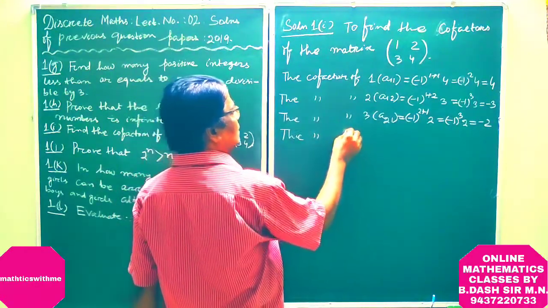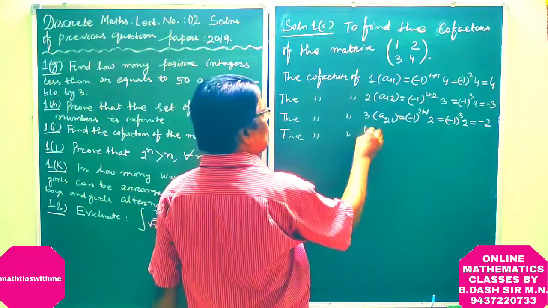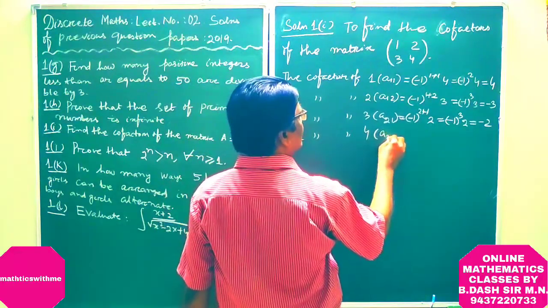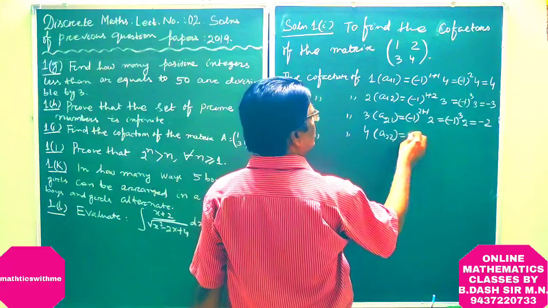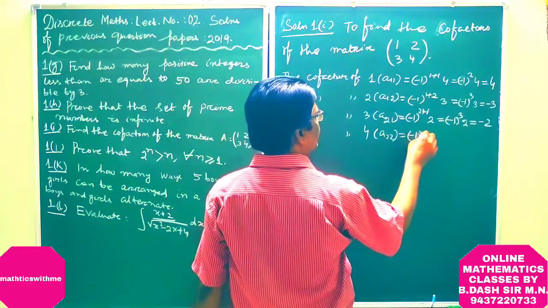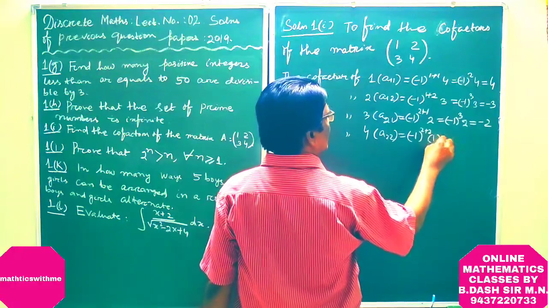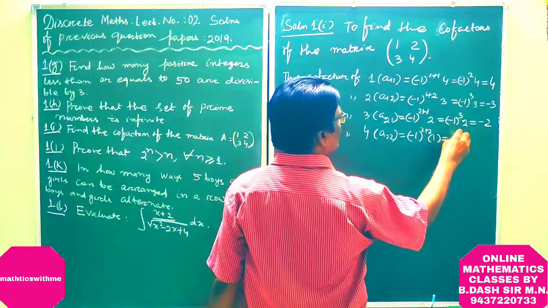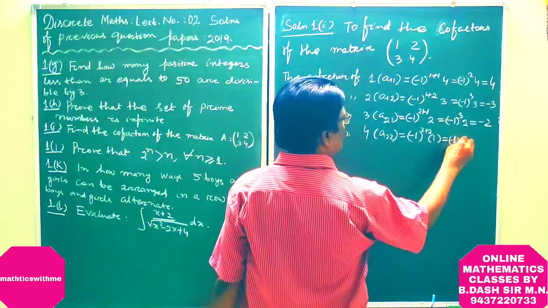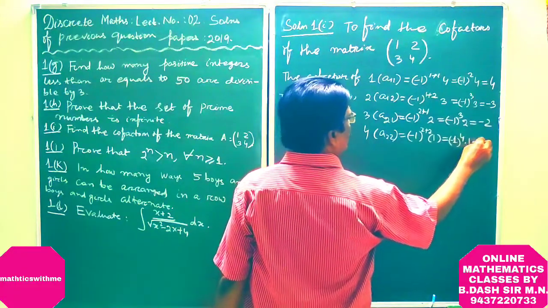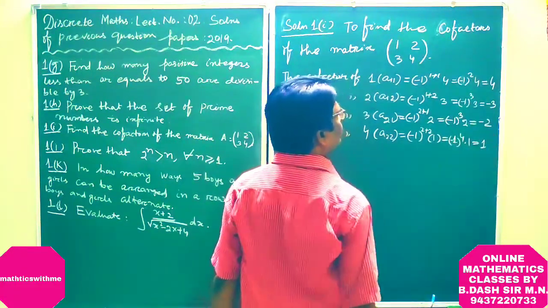The cofactor of 4, that is A22, is equal to minus 1 to the power 2 plus 2 into 1, which is equal to minus 1 to the power 4 into 1, which is equal to 1.